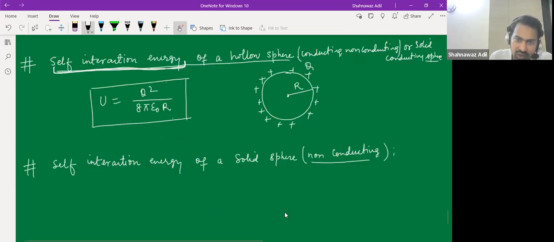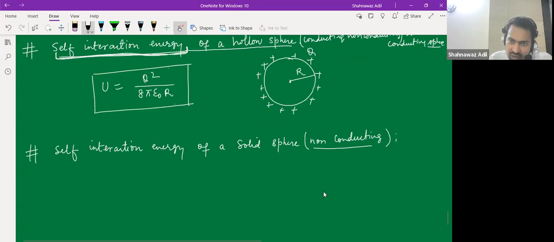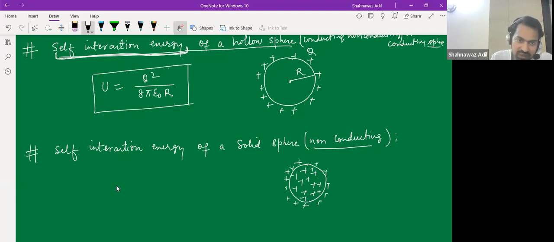And for the non-conducting sphere, this is the charge distribution. So due to this solid sphere, the self-interaction energy is 3q square by 20 pi epsilon naught r.